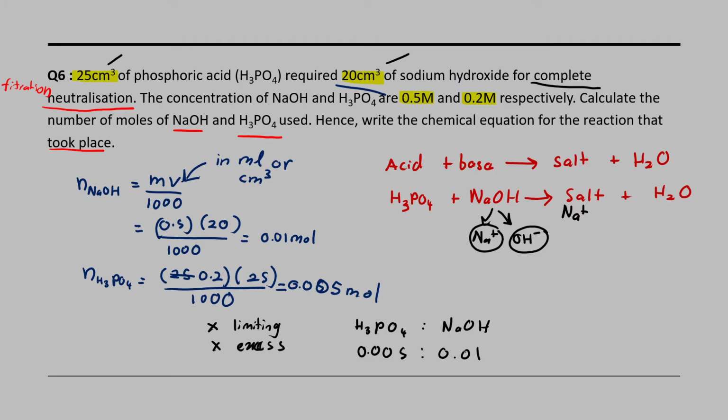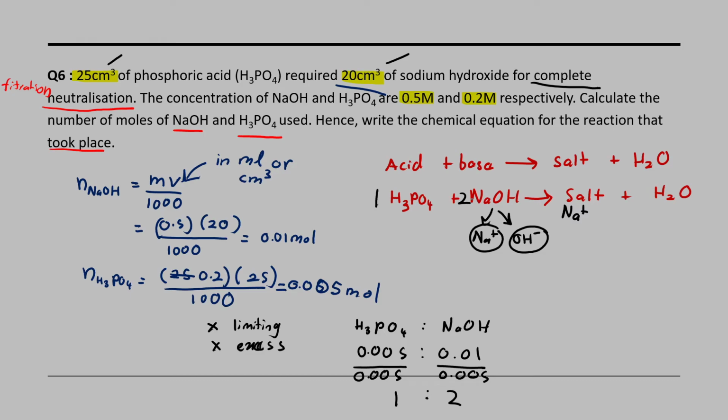For stoichiometric comparison, we cannot put 0.005 or 0.01, it always has to be integers. So what we do is divide by the smallest number, which is 0.005. So 0.005 divided gives 1, and 0.01 gives 2. So the stoichiometric comparison is 1 and 2.